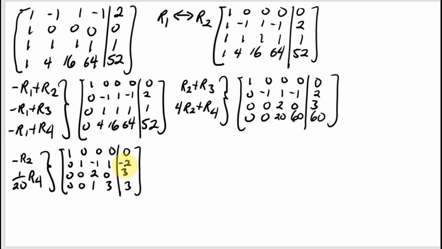Now we may eventually have a fraction, but if we can save that fraction to the end, let's do that. So I'm going to swap row 3 with row 4 because there's already a 1 there. So row 3 interchange with row 4.